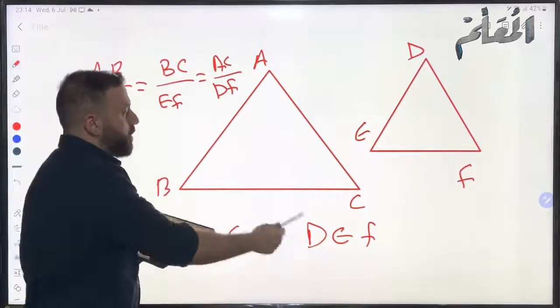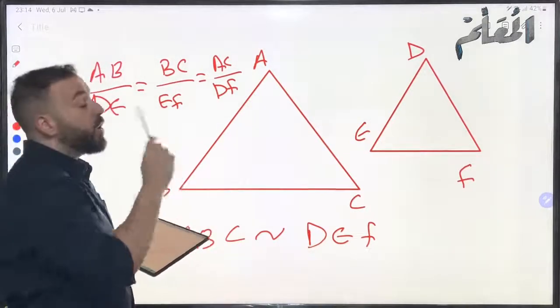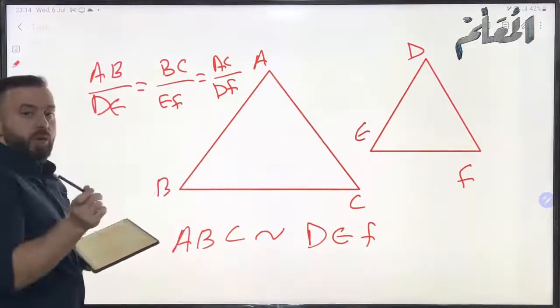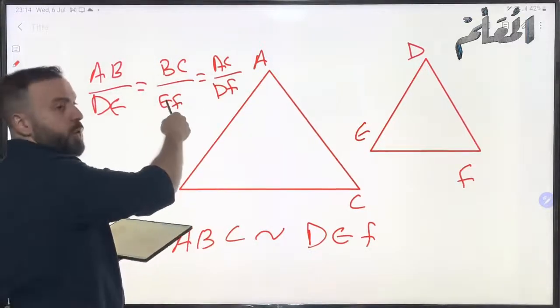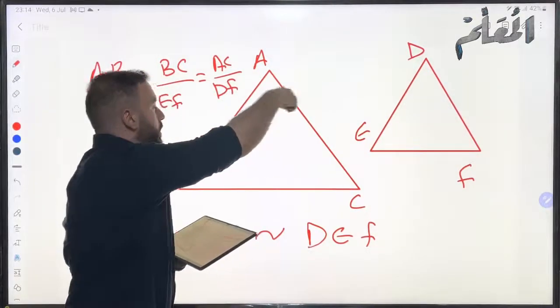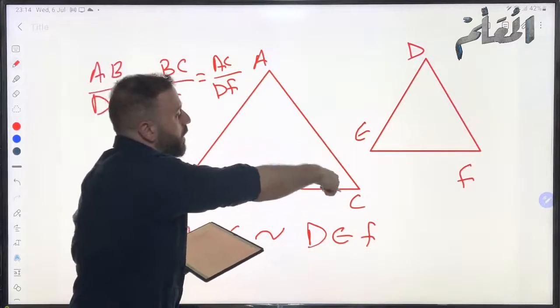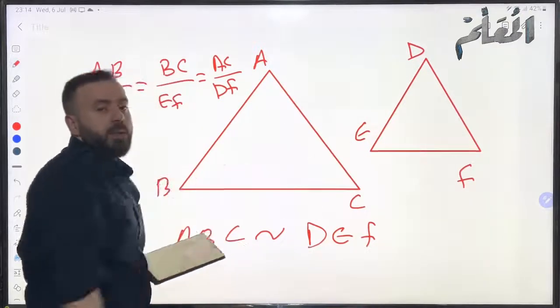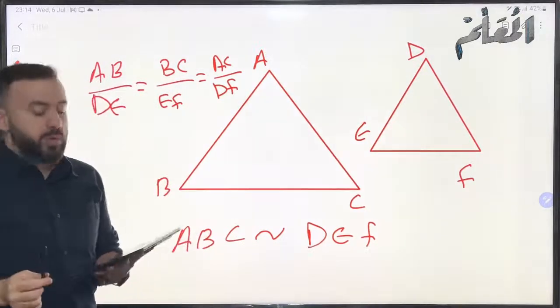Okay? This is okay. And at the same time, the angles are congruent here. The sides are not congruent, they are similar, so the ratio works here. So angle A is congruent with D, B congruent with E, C congruent with F, the angles, I mean. Okay, just remember those rules.